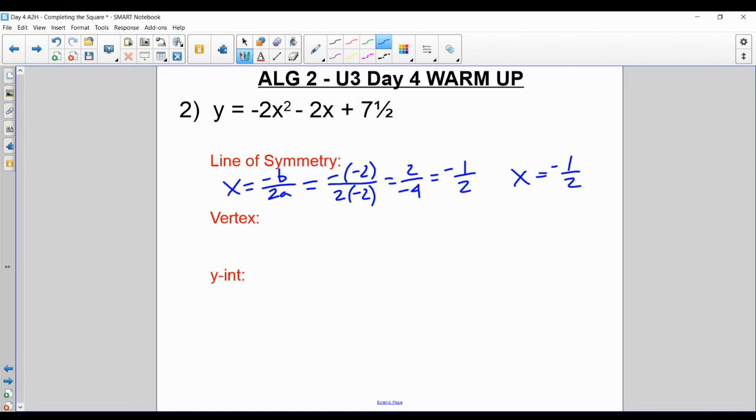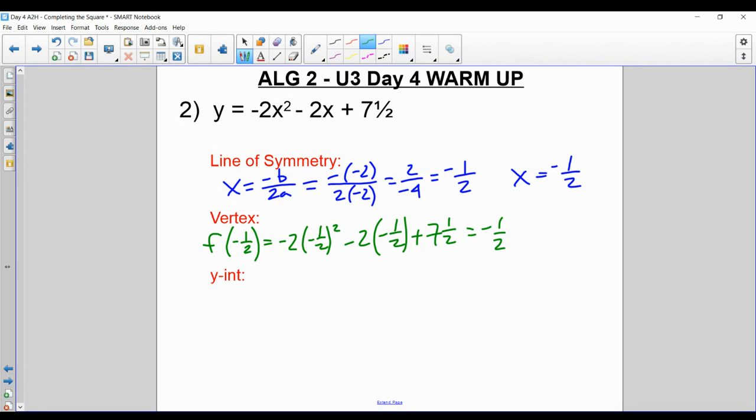The vertex then comes from plugging that in. So I'm going to say f of -1/2, -2 times (-1/2) squared, minus 2 times -1/2, plus 7.5. So if I look at this, (-1/2) squared is going to be 1/4 times -2, so I'm going to get -1/2.